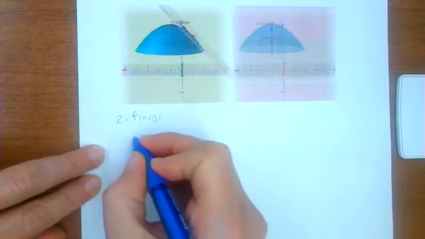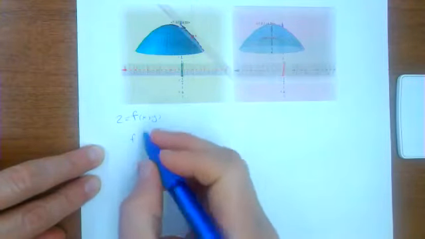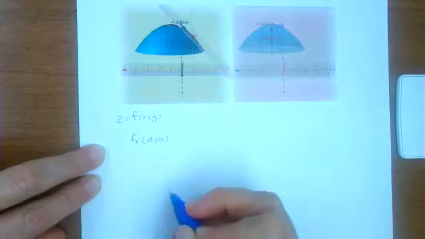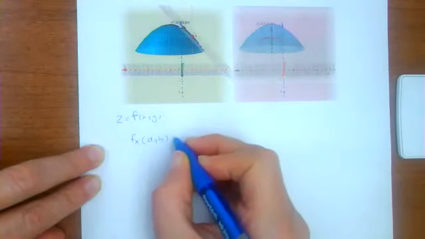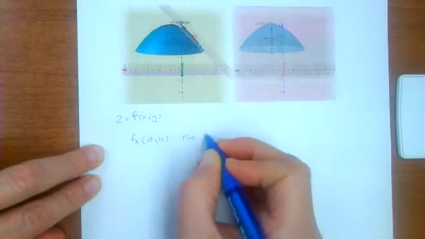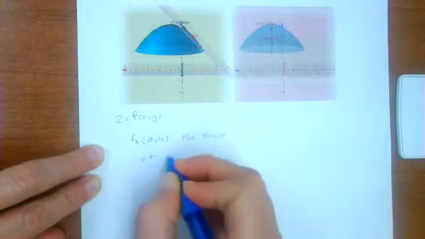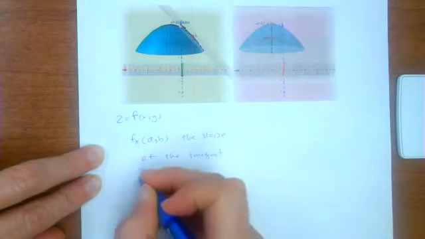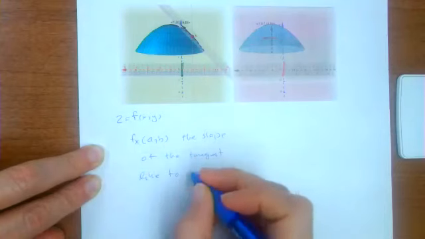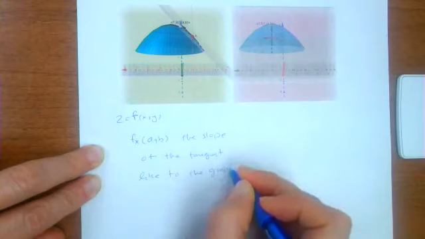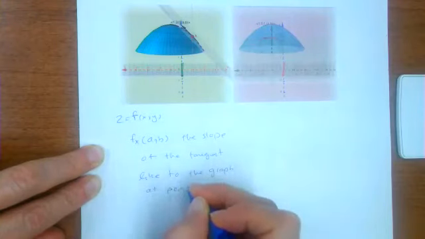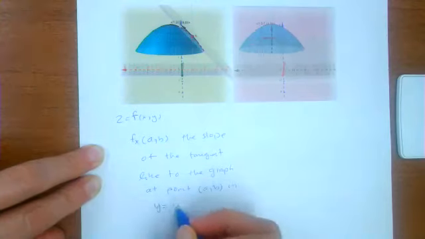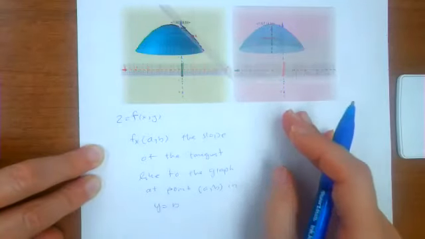And we are saying that f sub x at a point (a, b) is going to be basically the slope of the tangent line to the graph at point (a, b) in y equal to b, right? So that's what it means.